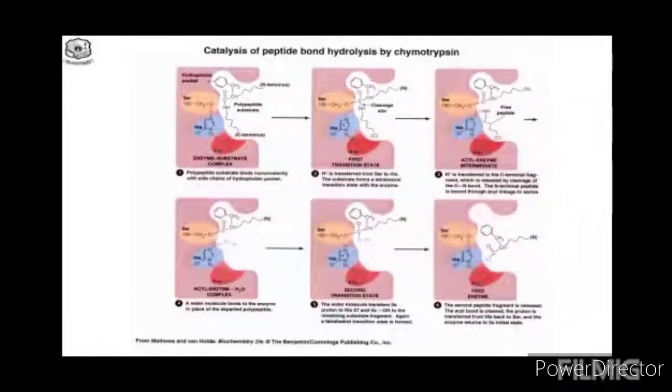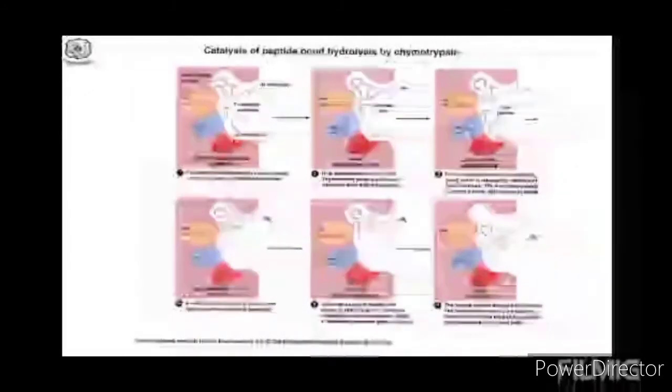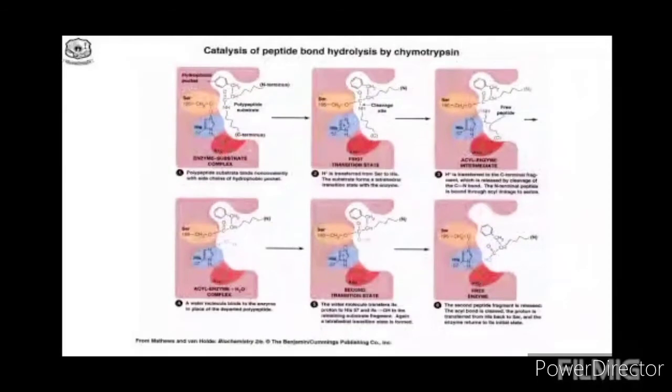The mechanism of action of the enzyme is depicted by 6 different stages. In the first stage, the polypeptide substrate binds non-covalently with the side chain of the hydrophobic pocket.